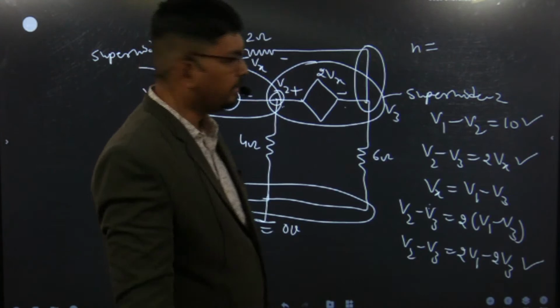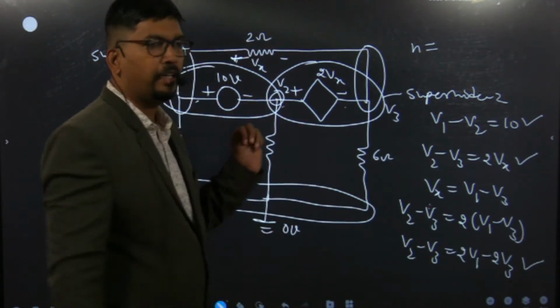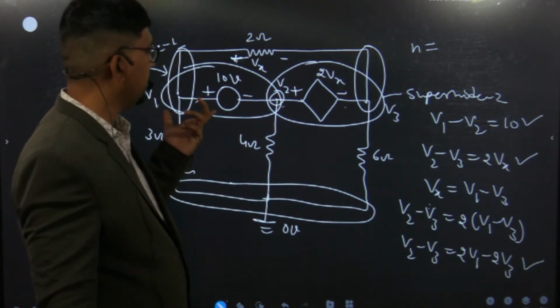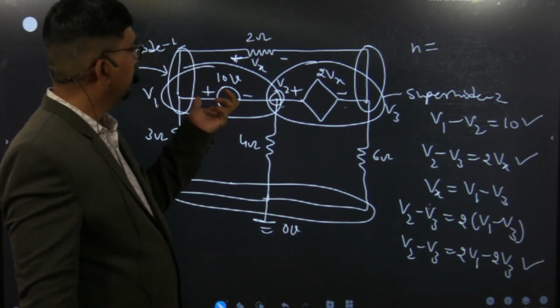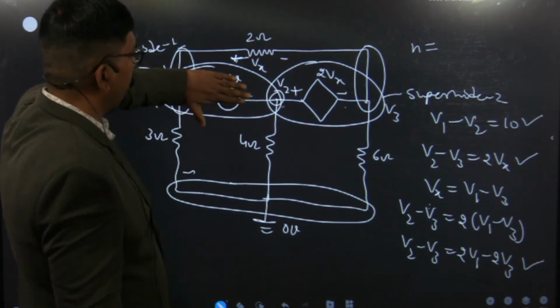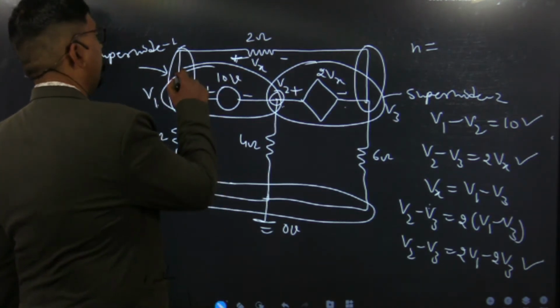Now for solving the 3 variables, we require a third equation. How will we determine the third equation? As per our shortcut method that we have already discussed in case number 3 of the super node. This is our first super node, the 10 volt source connected between V1 and V2. So we forget about this 10 volt. Then at the V1 node, how many elements are connected?